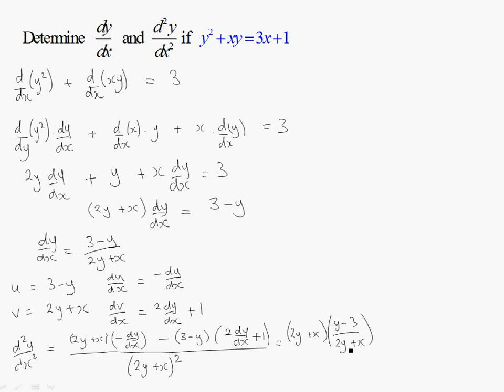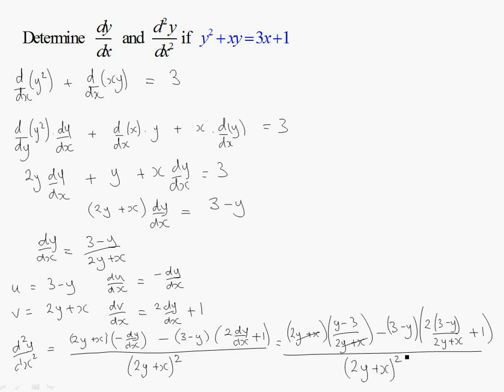Oh, we get a cancellation there, so I could simplify that slightly. And minus 3 minus y, and it's 2 dy by dx plus 1, so it's 2 times 3 minus y over 2y plus x plus 1, all divided by 2y plus x squared.